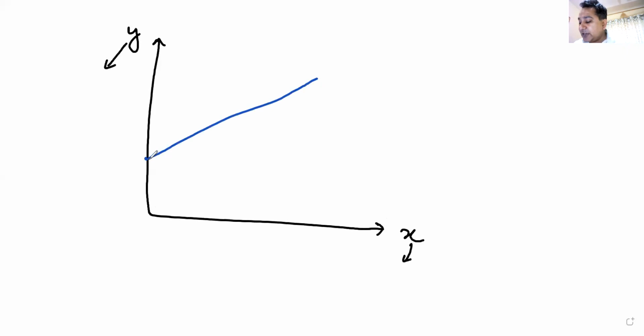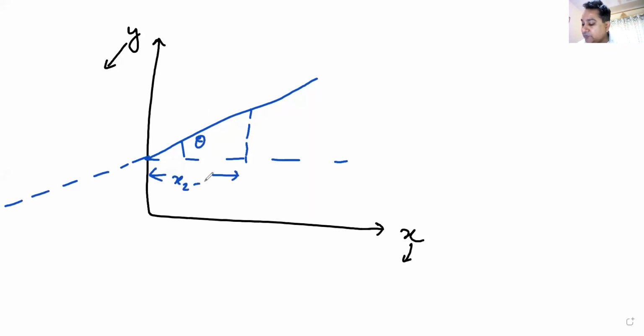So if I have a straight line, this straight line at some point is going to cut your x-axis and it will make an angle theta with the x-axis. We had found out the value of this by dividing x2 minus x1 with y2 minus y1. Do we remember this?